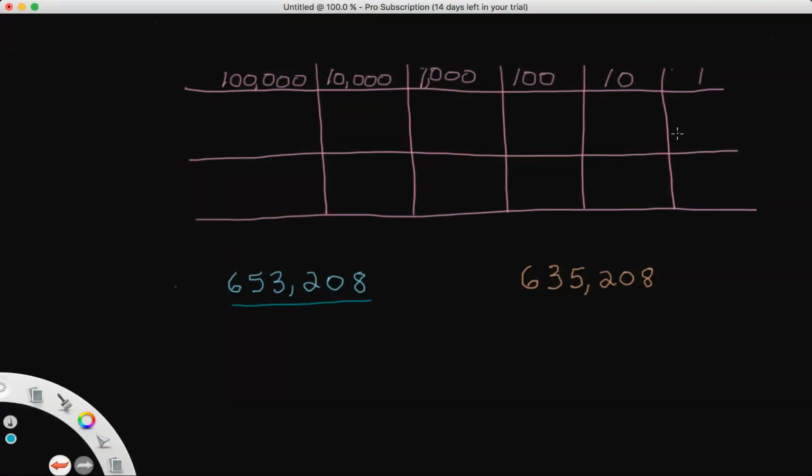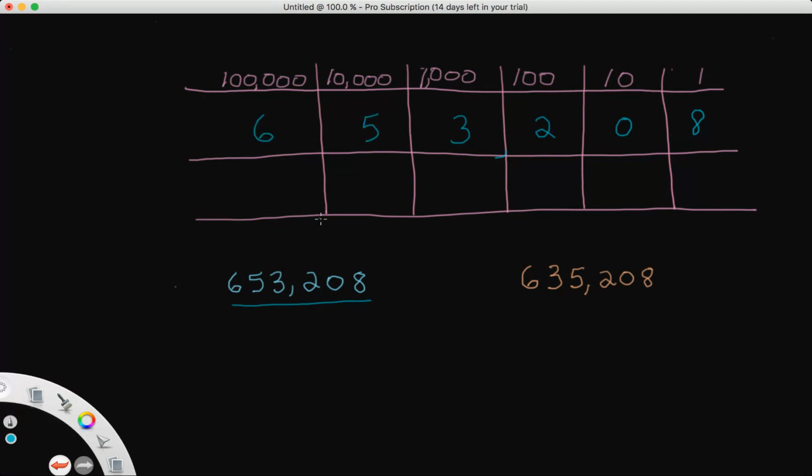I'm going to start with my ones place, and I'm going to put 8. There are no tens, but you never want to leave that blank because you need a placeholder. So I'm going to put that 0. Then 2, put a comma there, just to get in that habit. 3, 5, and 6.